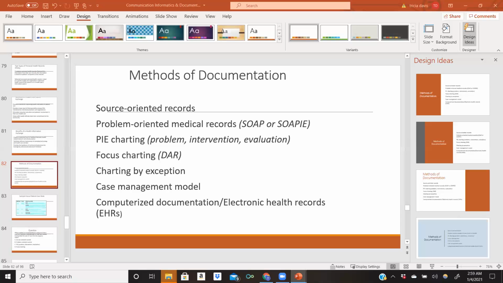The one advantage of this system is that it promotes continuity of care, and it also saves time because there's no separate care plan. You have focus charting. The purpose of focus charting is to bring the focus of care back to the patient and the patient's concerns. So instead of a problem list or a listing of nursing or medical diagnoses, a focus column is used to incorporate all the aspects of a patient and their care.